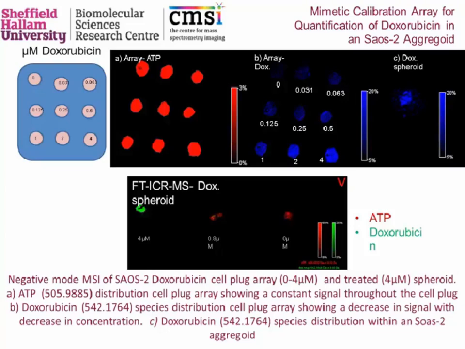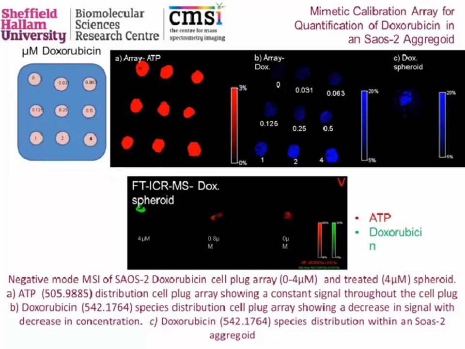It's a single cell, it's a monoculture, so we can just grow up lots of these osteosarcoma cells, make them into a well array, spike them up with the drug, and then use that to produce a gradient of signal intensity to calibrate. We can see on the right hand box the doxorubicin in the spheroid, and we can see on the left just imaging ATP as a marker of what's going on in the cells. And because we've snap frozen these cells quickly, we've not killed them by adding the dox here.